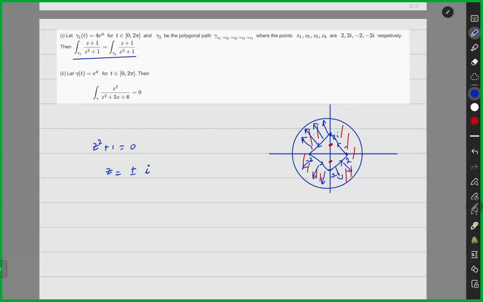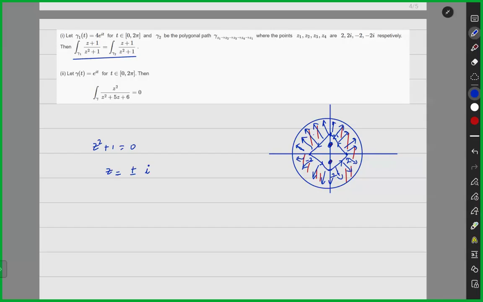So the main problem is at these 2 points, and these 2 points are not taking part in the homotopy. Whatever homotopy we define by these arrows, we don't ever cross those points, right?